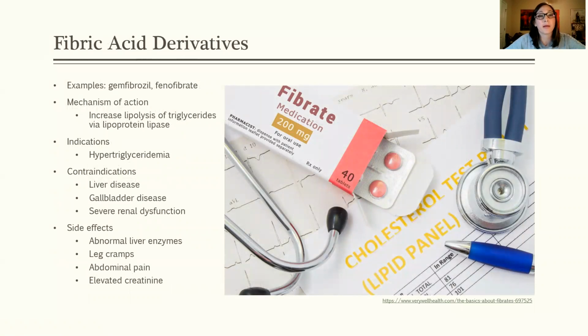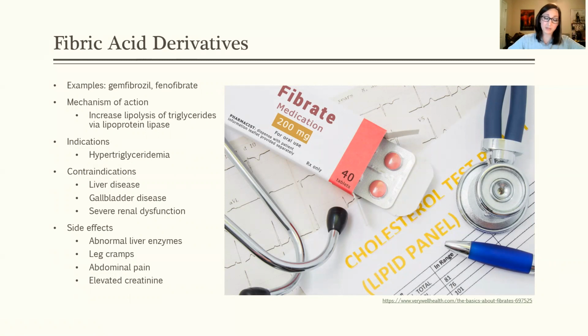Another class is fibric acid derivatives. Examples I have listed there: fenofibrate and gemfibrozil. And these medications act by increasing lipolysis of triglycerides via lipoprotein lipase. And though these are used for just hypertriglyceridemia, they also do have a modest effect on LDL and HDL.